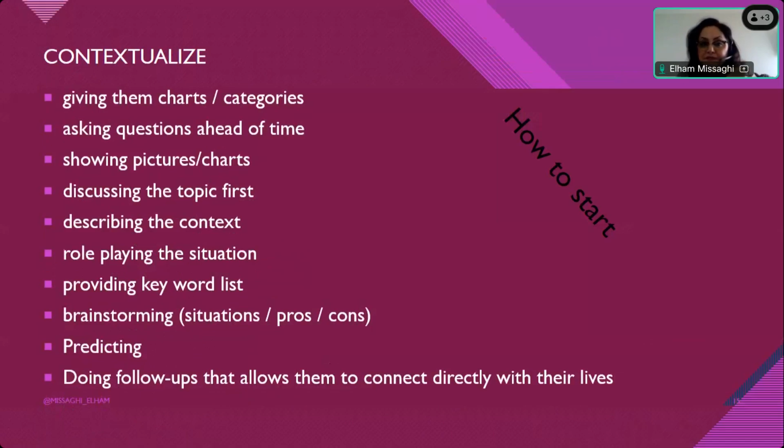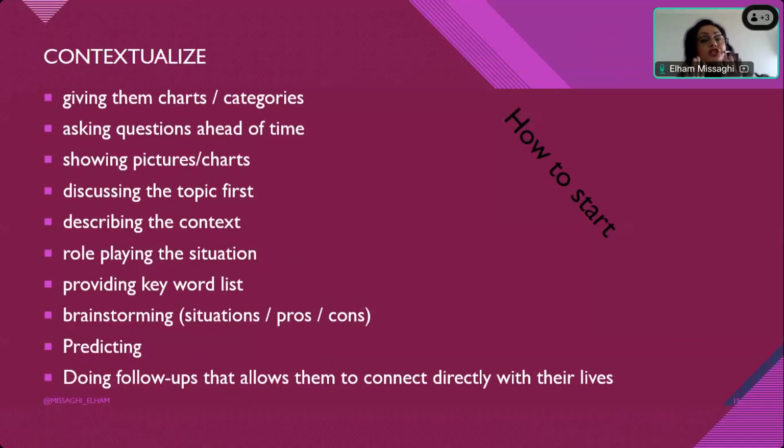But still, we need to be sure they could understand at least 70% of the audio. What I mean by 70%, if there are too many new words, they won't understand anything. They cannot answer the questions. But still, I want my students to have critical thinking, try for their learning, try to guess the meaning.